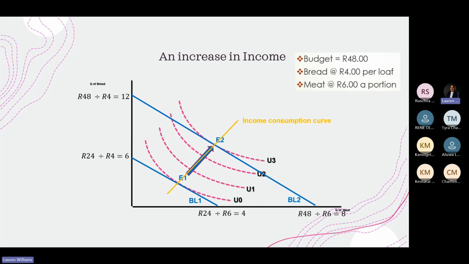So we can then say, logically, the more you have in terms of your income, your consumption of goods will then increase. So if your income increases, your budget line will shift parallel to the right. Should your income then decrease, your budget line will shift parallel to the left.